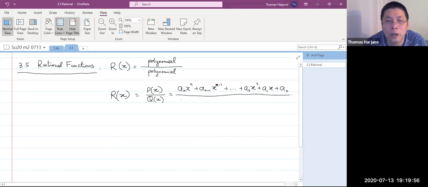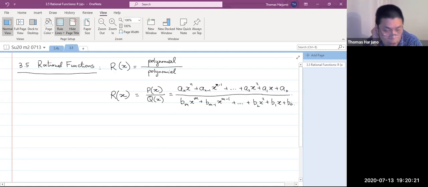Over, and in the denominator, I will use coefficient b's with degree m. M and n don't need to be the same. That's just for notation, to help us with notation.